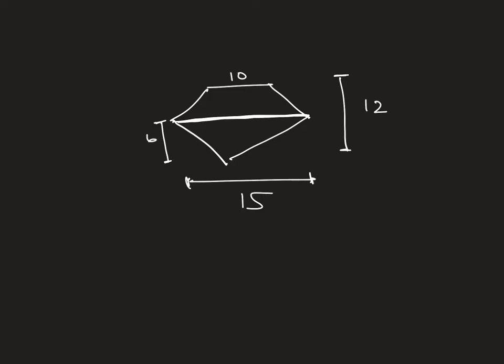Now, if I just split this in half, I now have a triangle on the bottom and I have a trapezoid on the top. Those are two shapes that you already know the formulas of, you already know how to find the area of. Try not to split it into more than two shapes, because when you do that, it starts getting more complicated. So look for the easiest way that you can split it up.